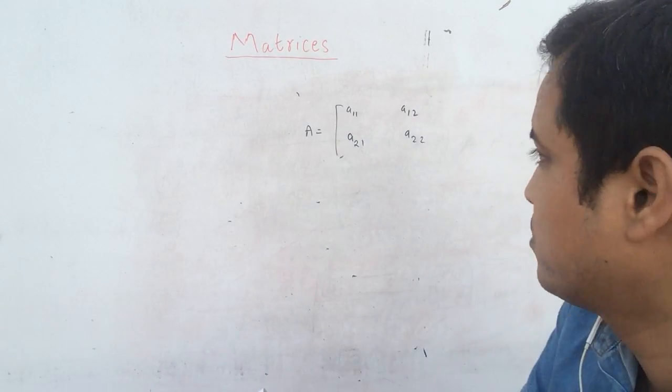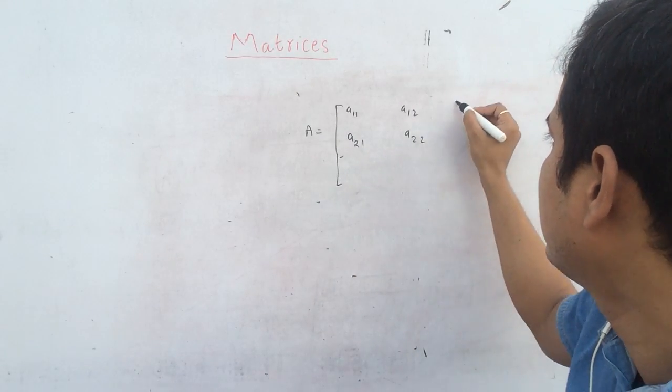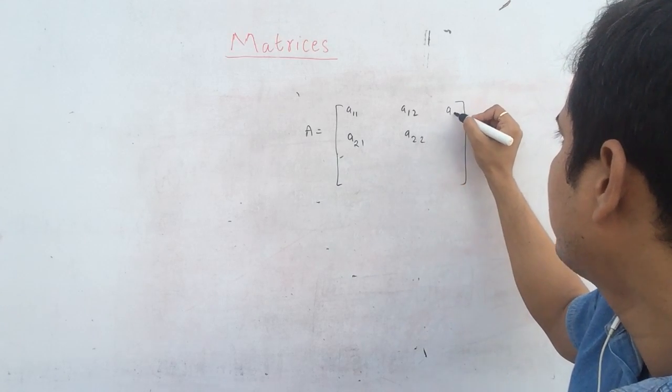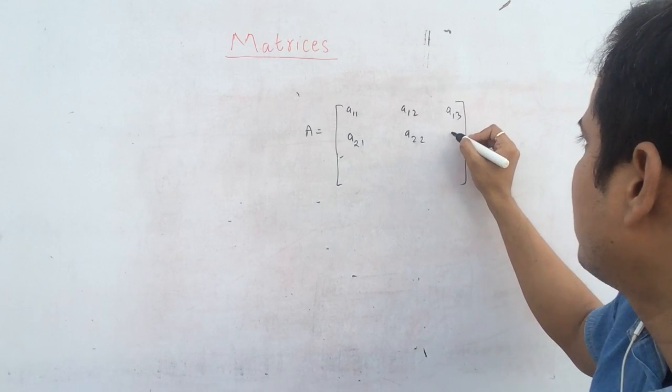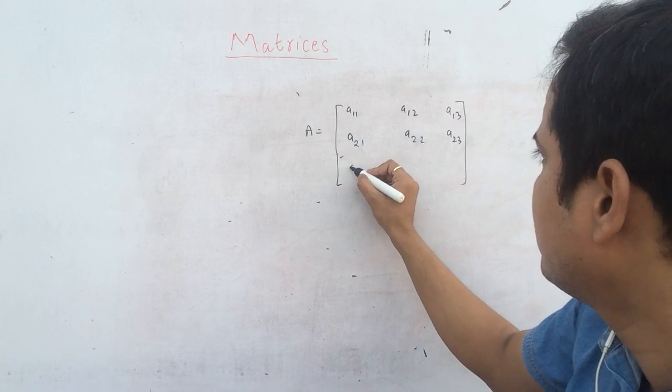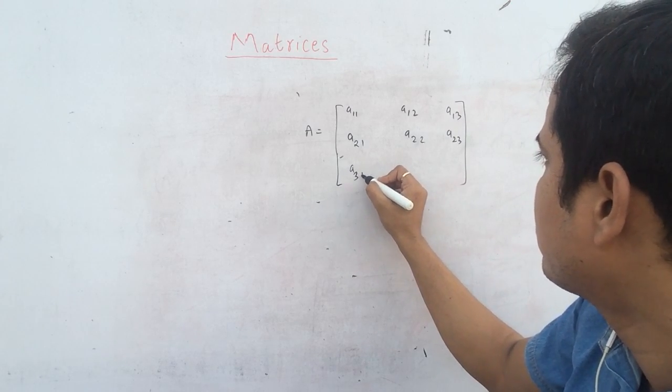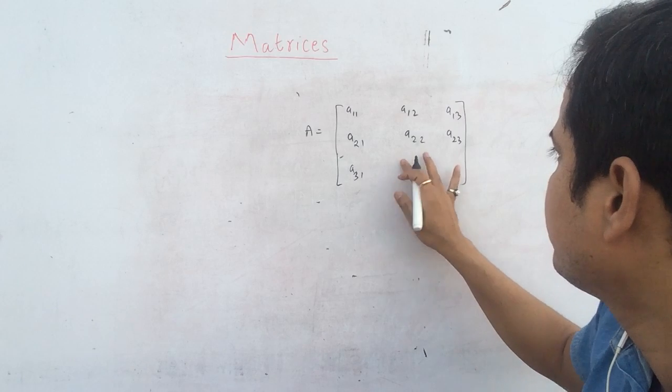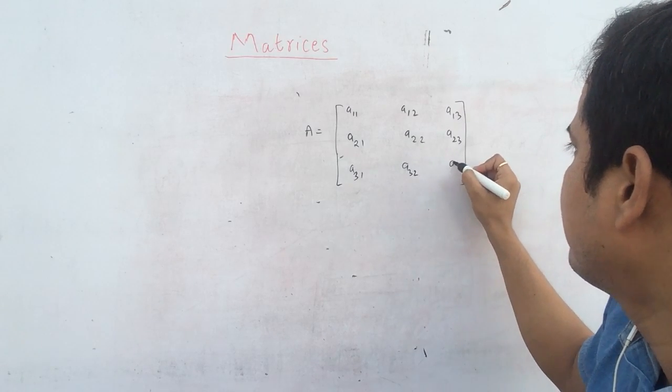So here I am going to introduce it. First make the matrix: first row A11, A12, A13, second row A21, A22, A23, third row A31, A32 and A33.